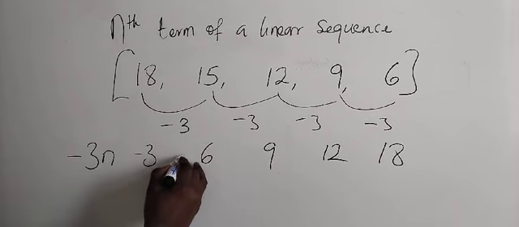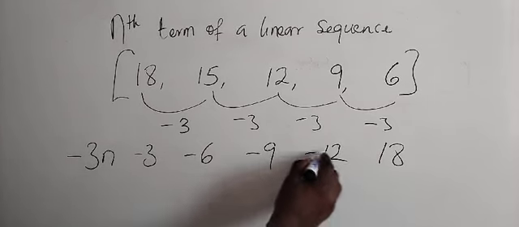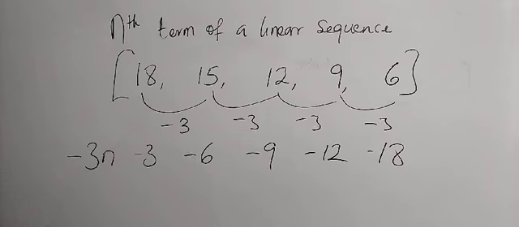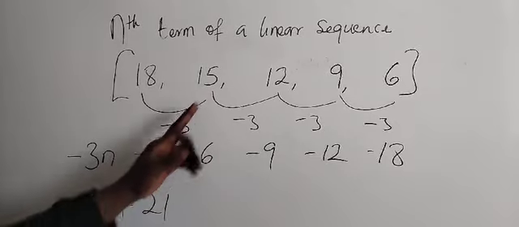Now that we've been able to identify this, we need to check what we need to add. This is -3, this is -6, -9, -12, and so on. We want to see what we can add to -3 that will give us 18, and that is 21. So now our nth term will be -3n plus 21, and that will give us 18. When n is 2, -6 plus 21 will give us 15.